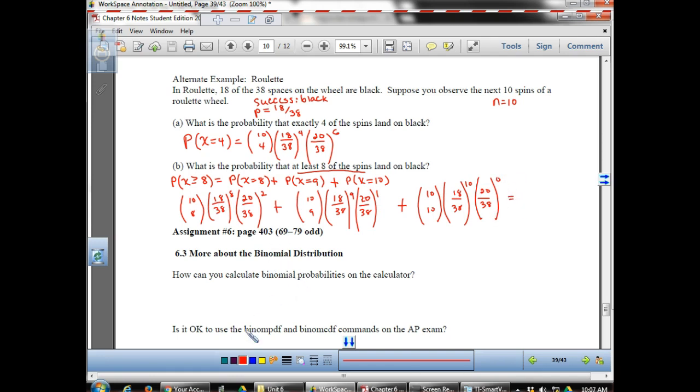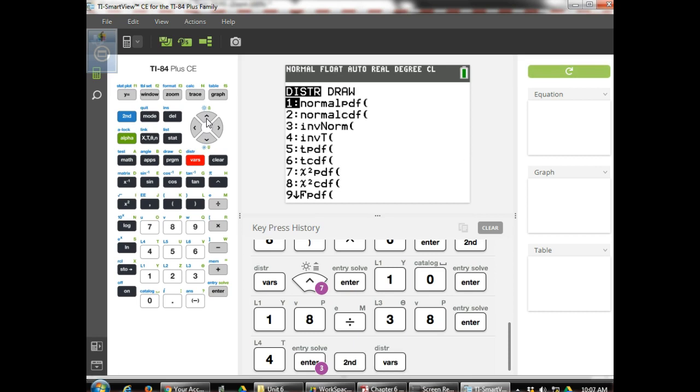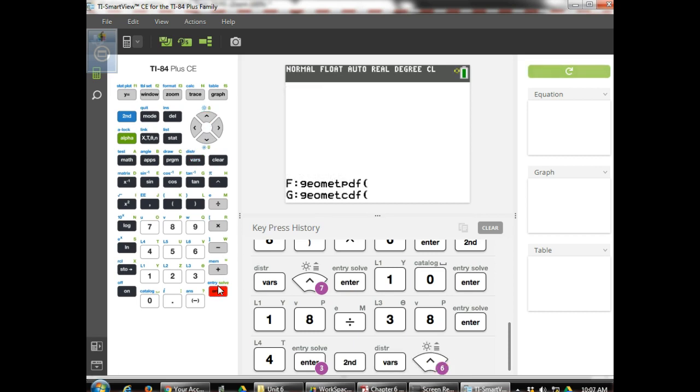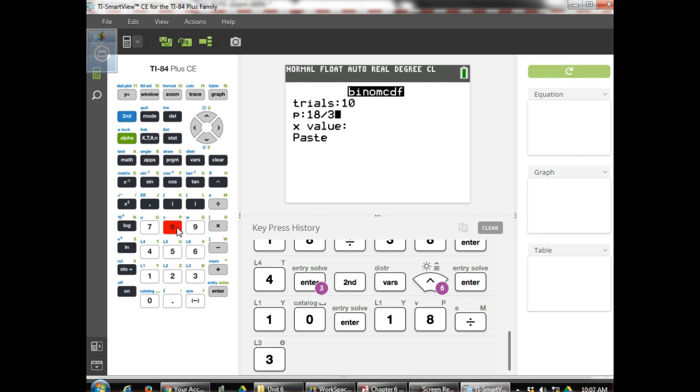And then briefly, let me show you how you'd want to do this in the calculator. So we have something called binomial CDF as well. And this is really tomorrow's lesson, but I just want to kind of show it to you. So I'm going to use binomial CDF, and I'm going to say my trials is 10. My probability for success is still 18 over 38.